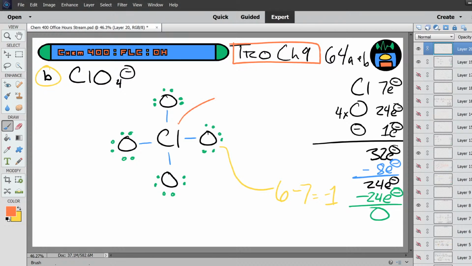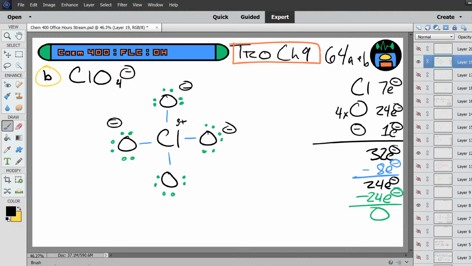And then chlorine has 7 when it's neutral, and in this structure, it only has 4 bonds. 7 minus 4 is a +3. So we have a +3 on chlorine, and then a -1 on each oxygen.